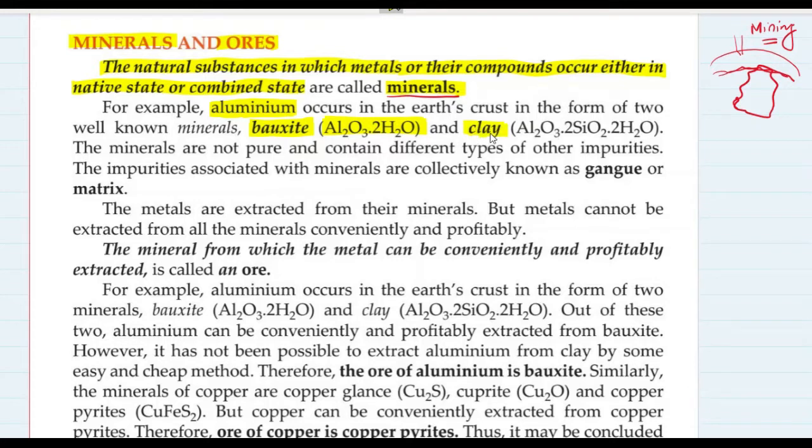Now this clay is not the clay which you are thinking of. This is the name of the mineral of aluminium which is found very commonly under the earth's crust: Al2O3.2SiO2.2H2O, aluminum oxide with two molecules of silicon oxide and two molecules of water of crystallization. So bauxite and clay are two major minerals from which aluminum is extracted.